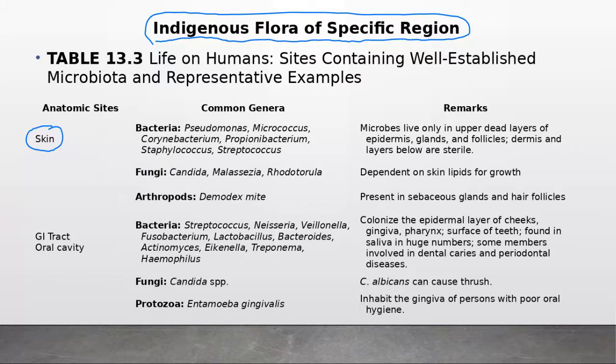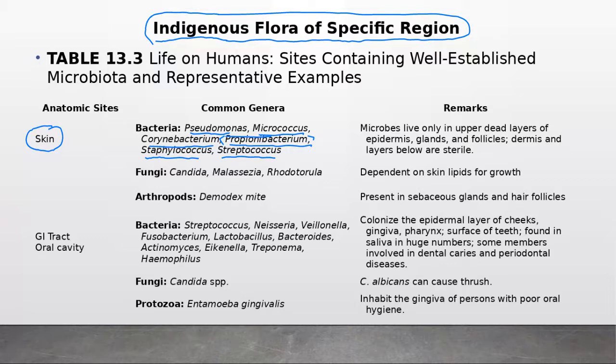So some of the normal flora of the skin are Pseudomonas, Micrococcus, Corynebacterium, Propionibacterium, and this one can actually cause acne, Propionibacterium acnes. So one time this normal flora can cause acne to the host. Staphylococcus and Streptococcus. So these are the types of normal flora that live in our skin.